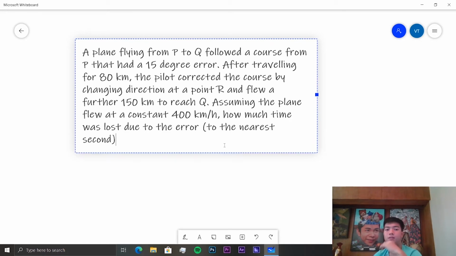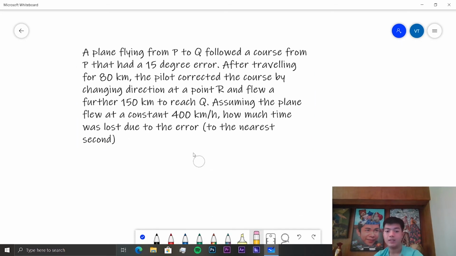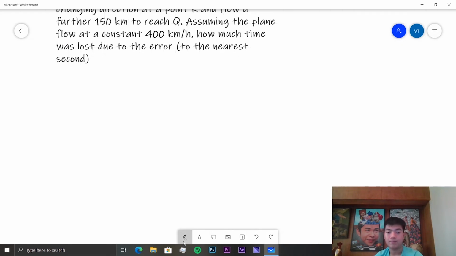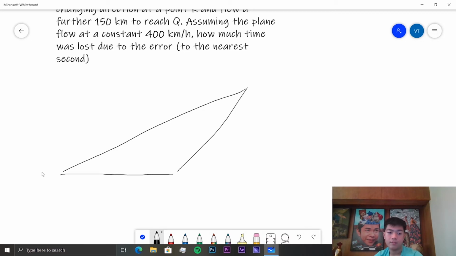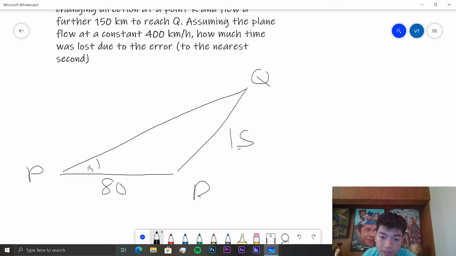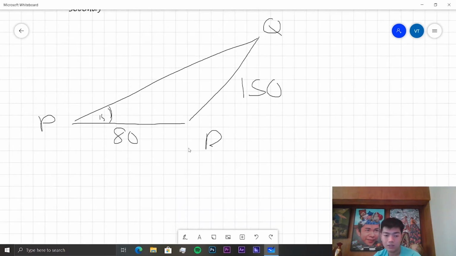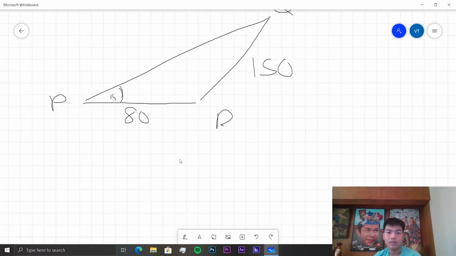Okay, and then we have a very helpful diagram here. We have P, Q, R, we know this is 15 degrees, this is 80 kilometers, and this is 150 kilometers. So we need to find the difference between this distance, this line over here, and these two lines over here. We can do that using the sine rule.